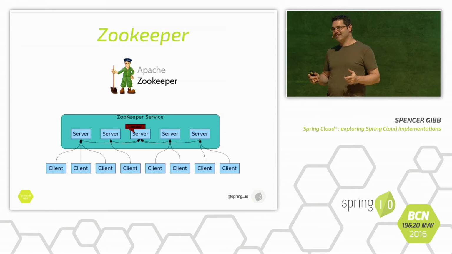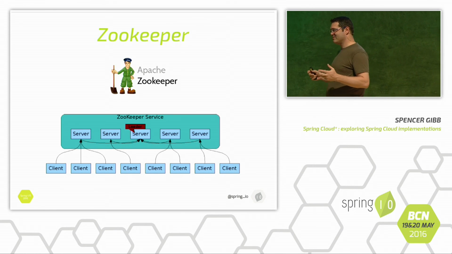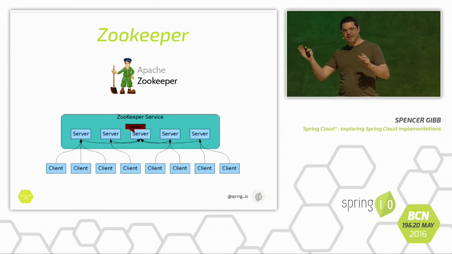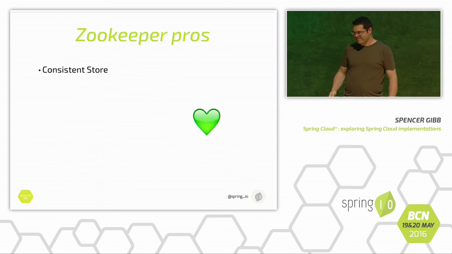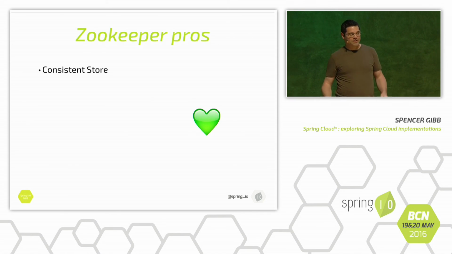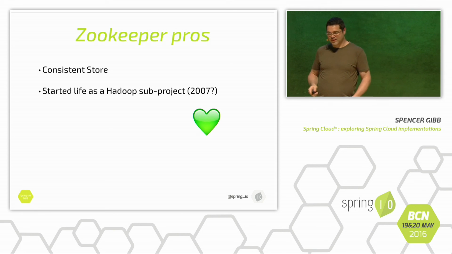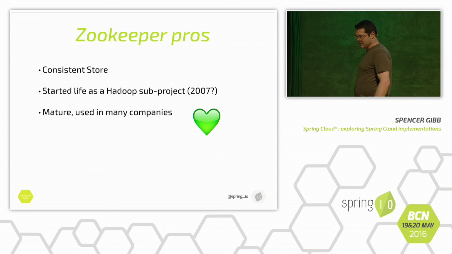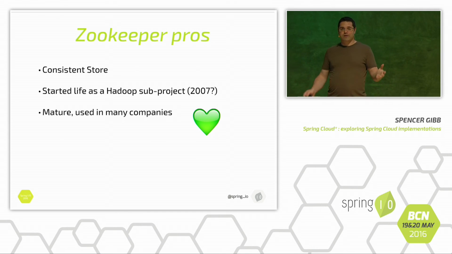And one of the things it does is you can put data in a hierarchical key, and it is aggressively consistent, right? It started life in the Hadoop ecosystem to coordinate the Hadoop clusters. It's been around for a long time, right? 2007-ish.